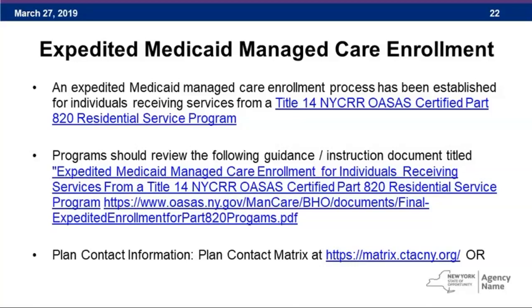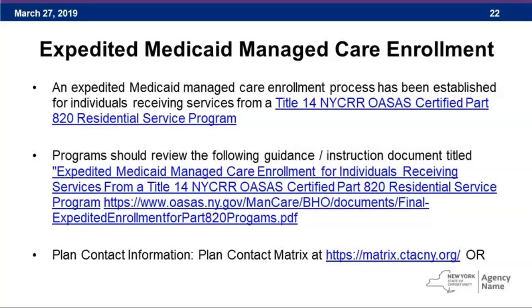This is about getting someone enrolled in a plan. So what this process does is if you have an individual who's not yet enrolled in a Medicaid managed care plan, it decreases the amount of time it takes to get that individual enrolled in a plan and responds to some of that initial concern that we got from the field.